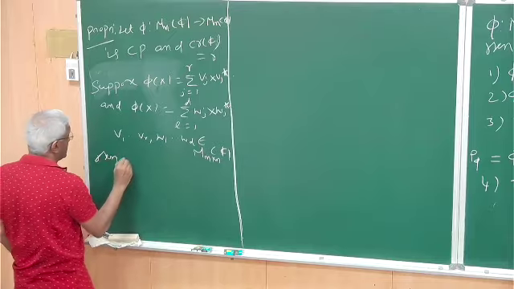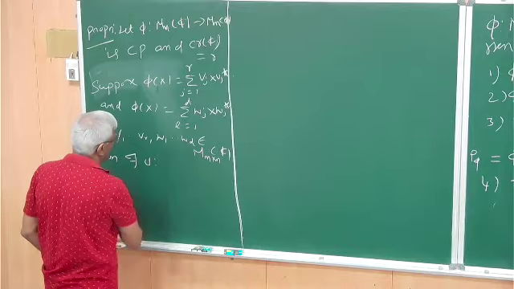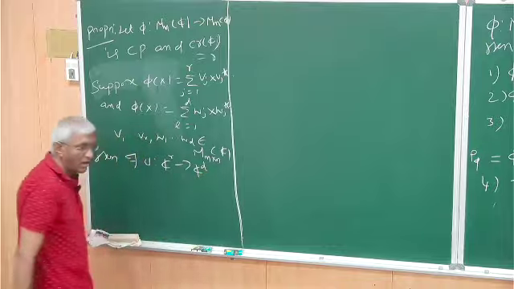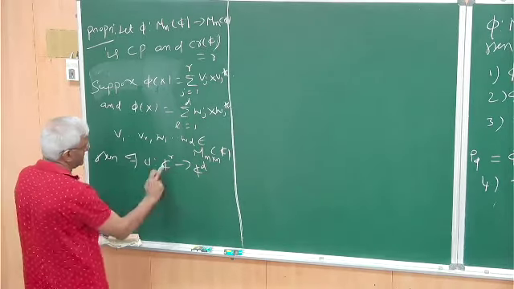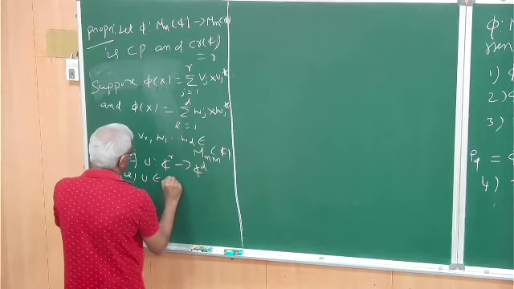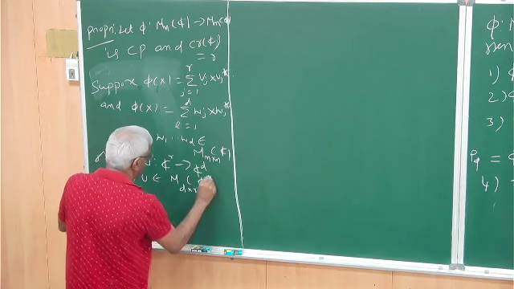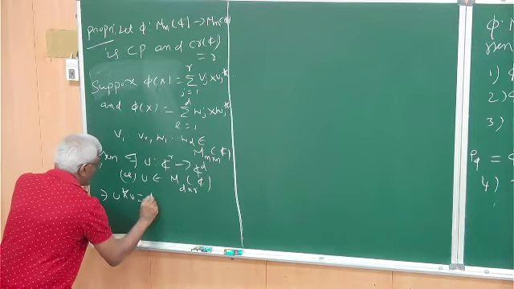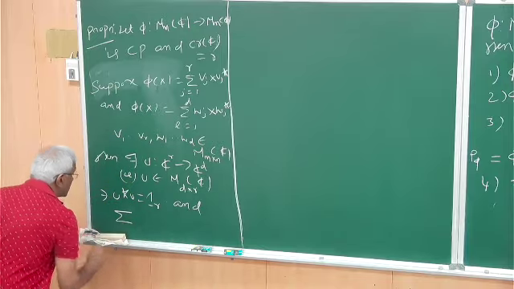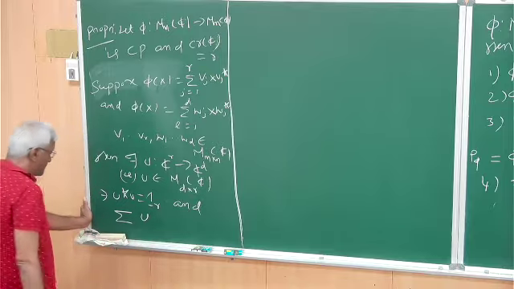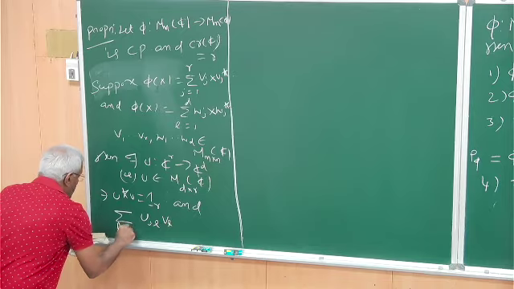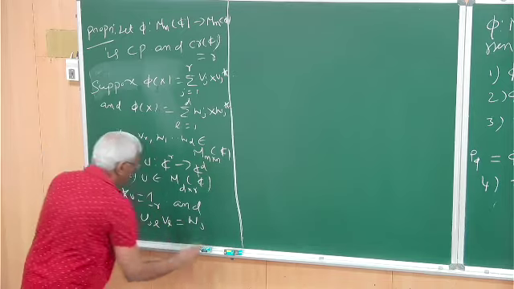Then there exists a matrix U from C^R to C^D, a D cross R matrix, such that U is an isometry, that is U star U equals 1_R, and the summation over L equal to 1 to R of U_{jl} V_l equals W_j.